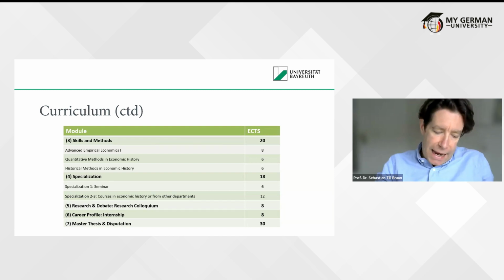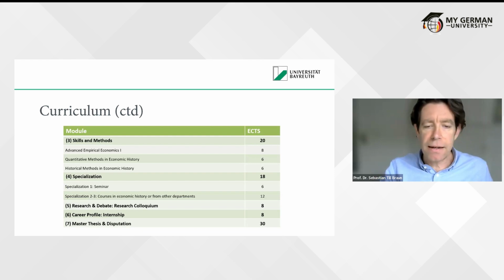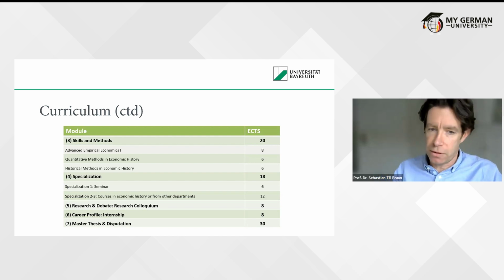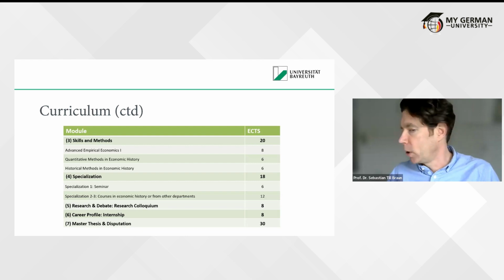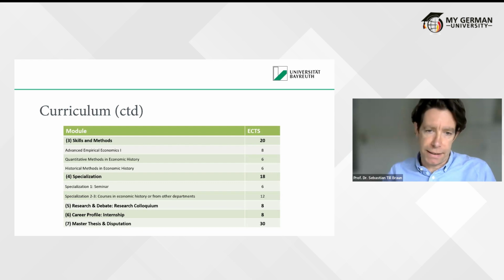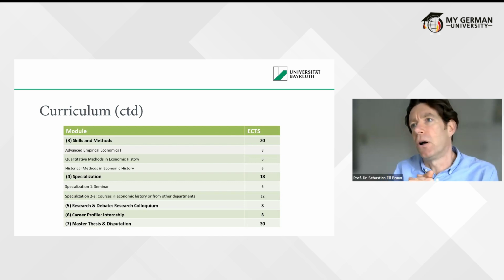So in one week, students present a research paper, and we discuss it in class. Then in the next week, we have an external speaker who gives the research talk. And that brings you to the research frontier in economic history. I think it's interesting in general, but also in particular if you're interested in doing a PhD afterwards.